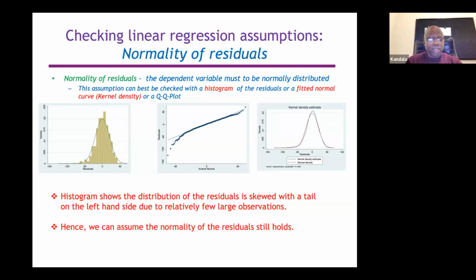So the bottom line is that you have to deal with outliers as you have done for the missing values.